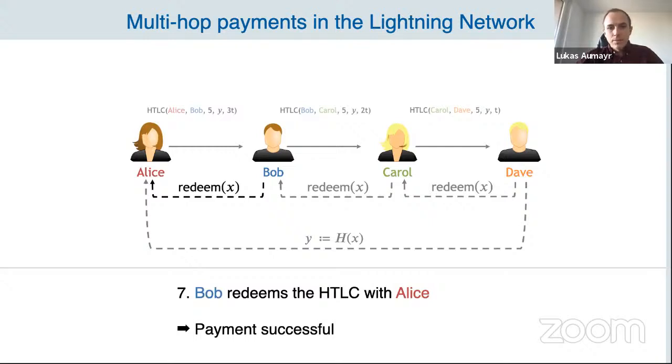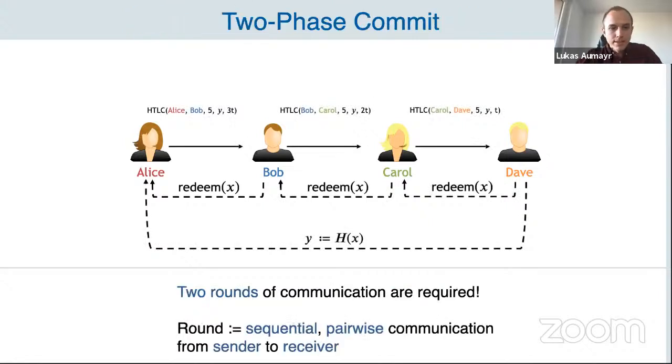Let me point out some important points of these types of payments. The first one is that these types of payments require 2 rounds of communication. And by round of communication, we mean a sequential and pairwise communication from the sender to the receiver or the other way around.